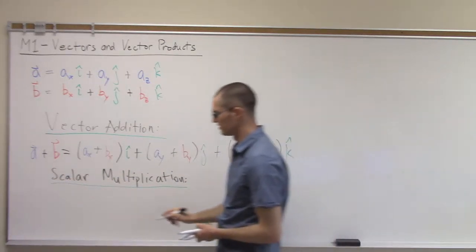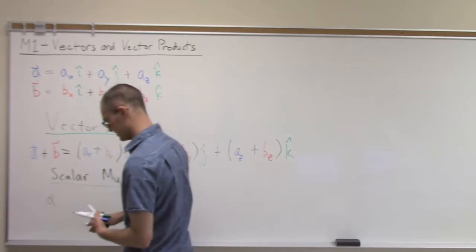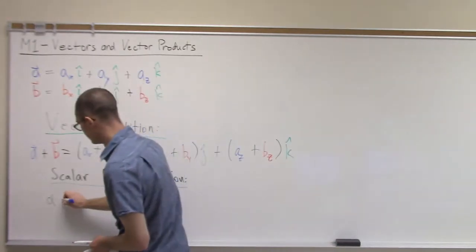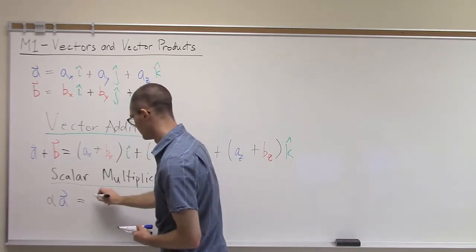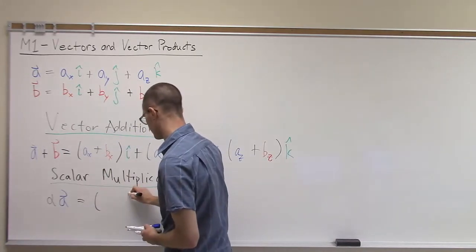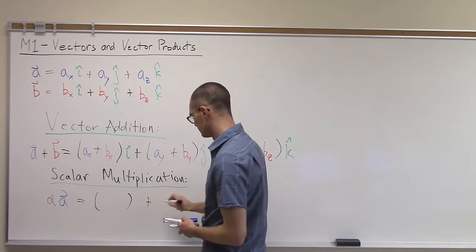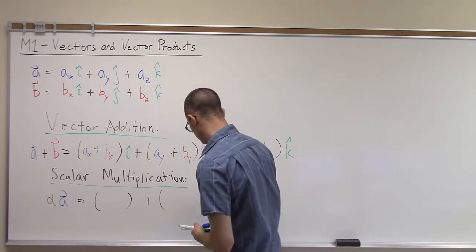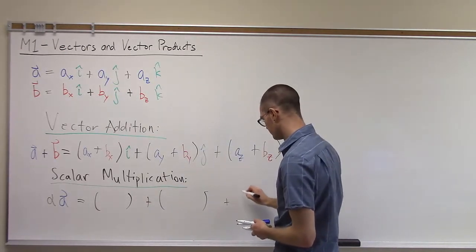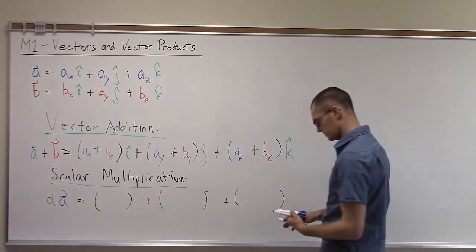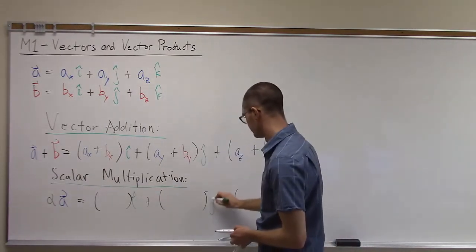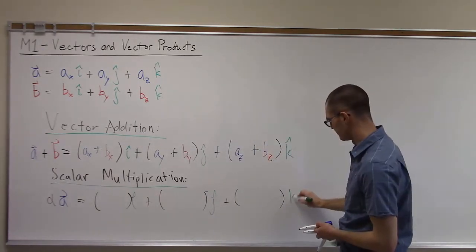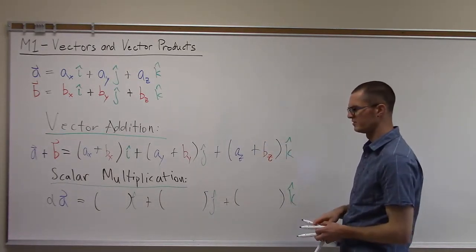If I take a scalar alpha and multiply it by the vector A, again I'll set up my three components here. So I have my x component i vector, y component j vector, and z component k vector.